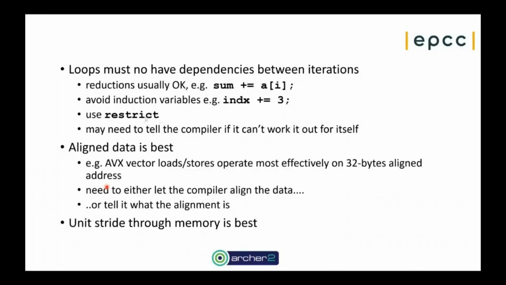And so dependencies in the loops, like a variable which is summed up across the loops, makes it hard for the compiler to identify that this loop can be vectorized. It also has the same kind of things we saw yesterday around pointer aliasing. And so if you're doing C and C++ codes, you may want to use this restrict keyword, which can tell the compiler, oh, actually all these arrays are separate.